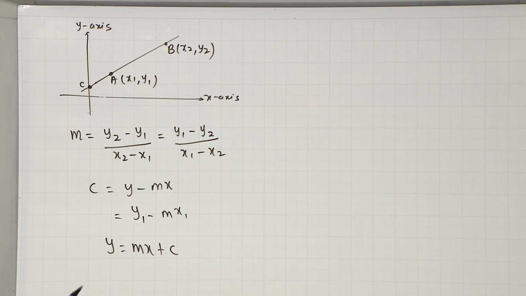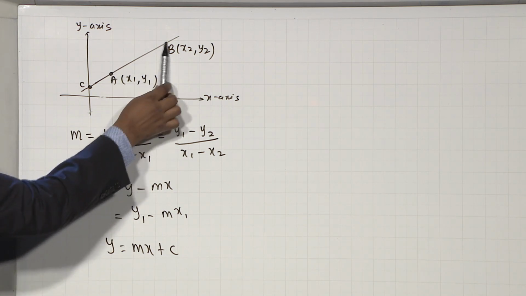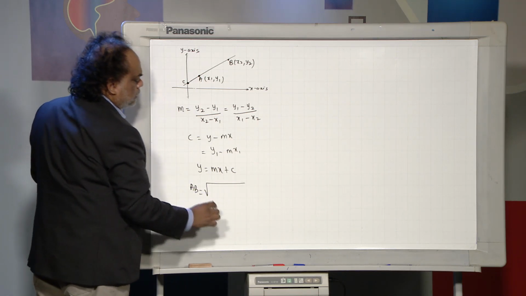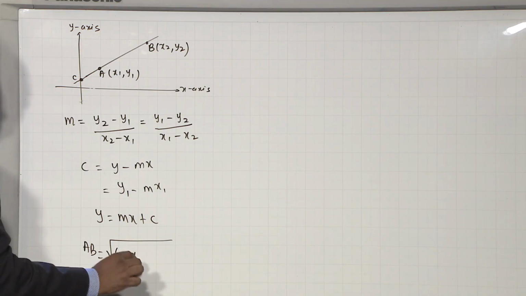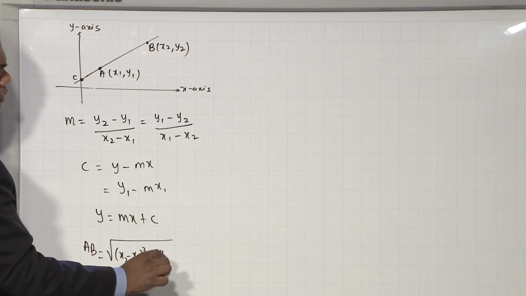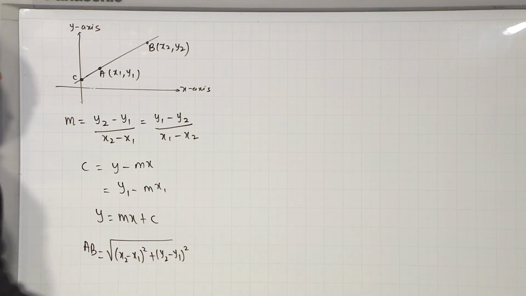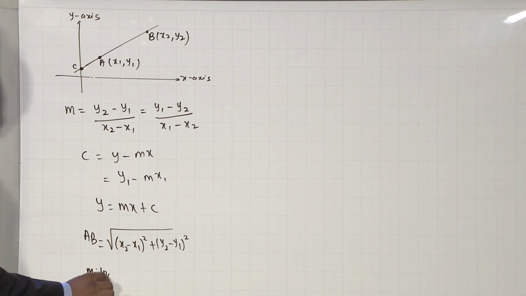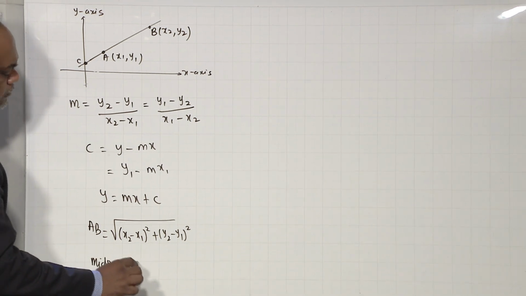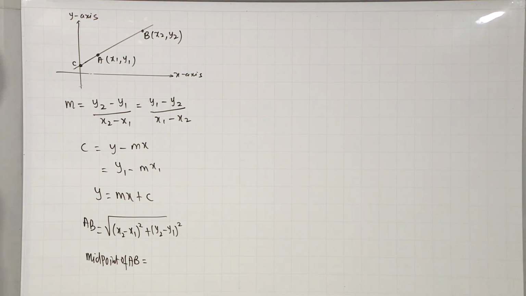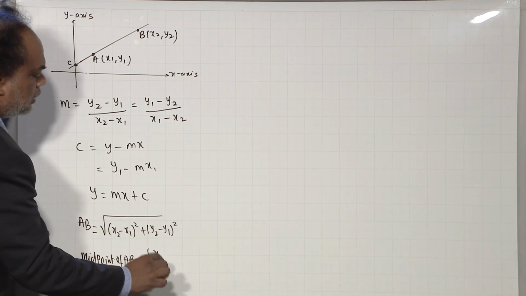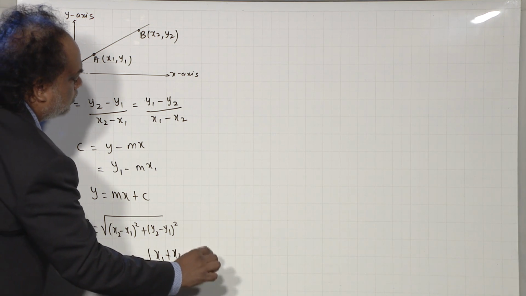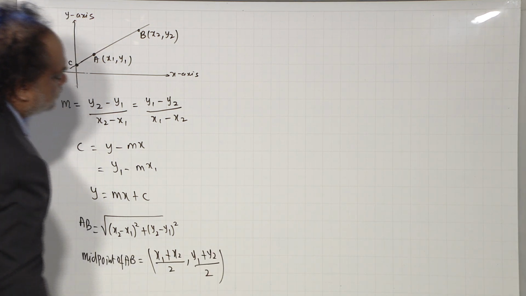And then we also found the length of AB, or the distance AB. The distance AB is the square root of x2 minus x1 squared plus y2 minus y1 squared. And then the midpoint of AB, which is x1 plus x2 divided by 2, y1 plus y2 divided by 2.